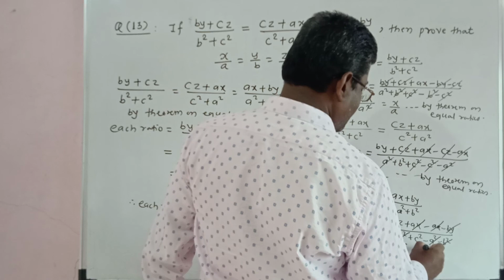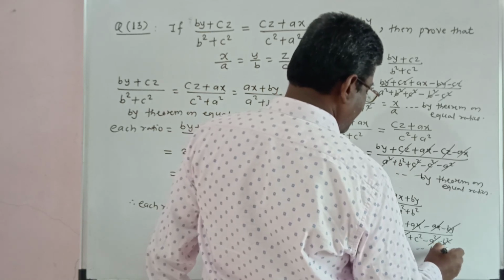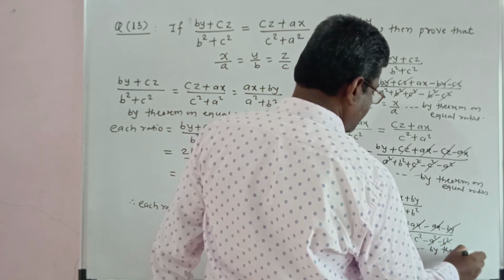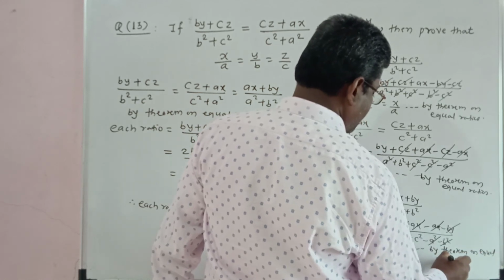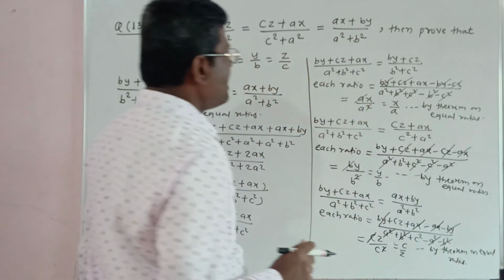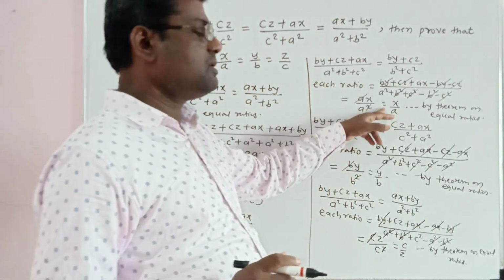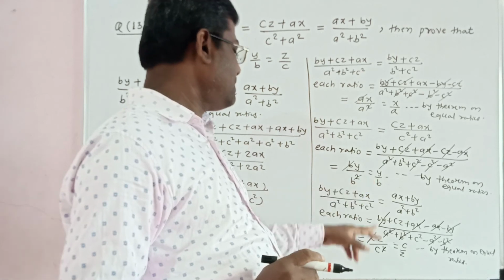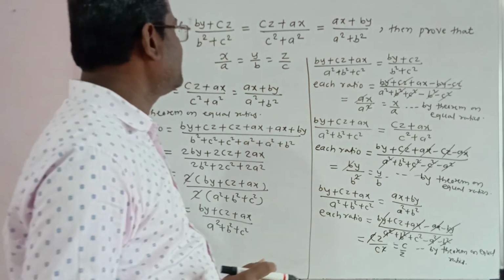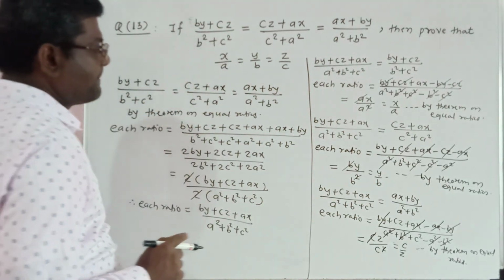Here also we use theorem on equal ratios. Now here each ratio is equal to x upon a, each ratio is equal to y upon b, and each ratio is equal to z upon c.